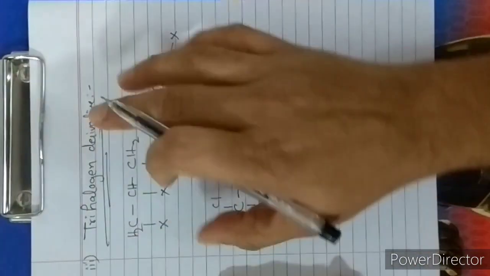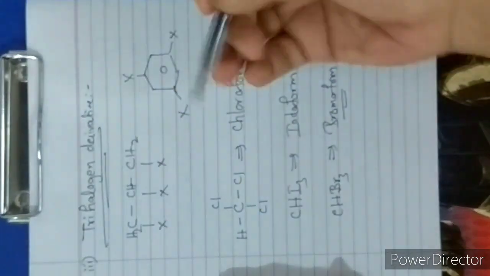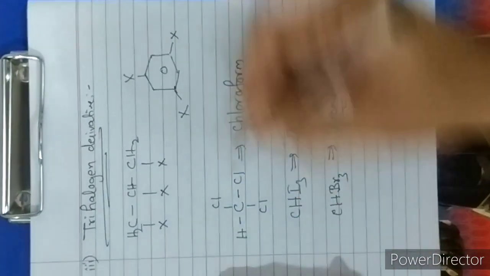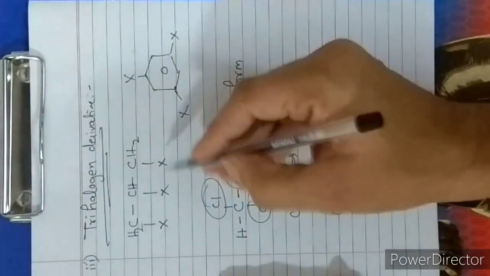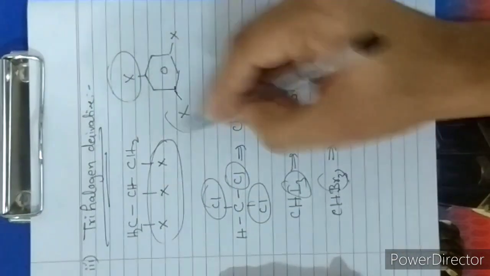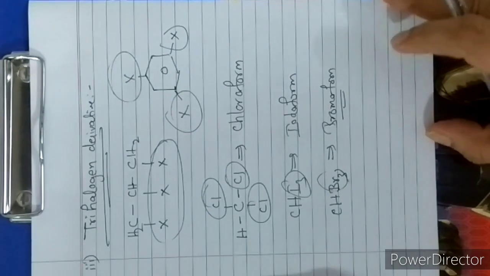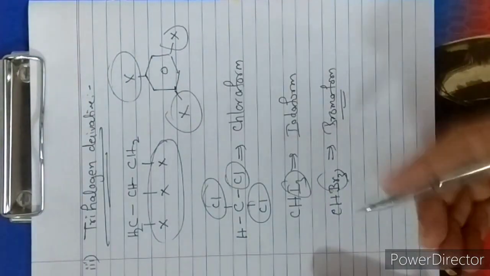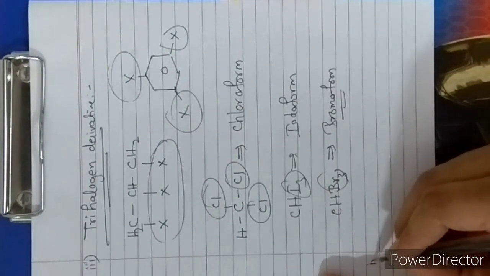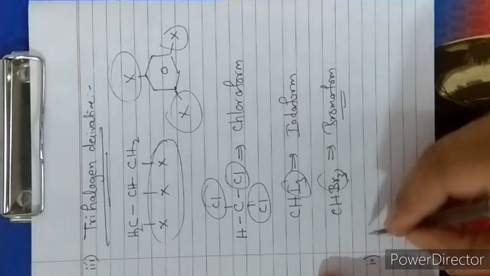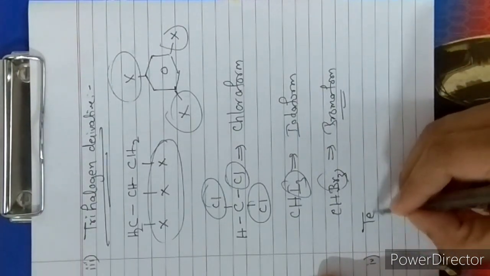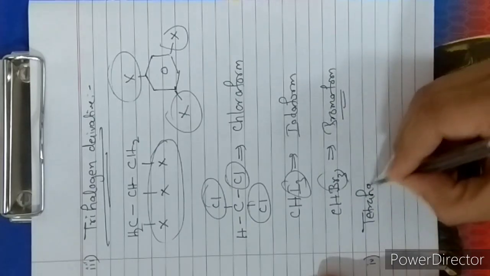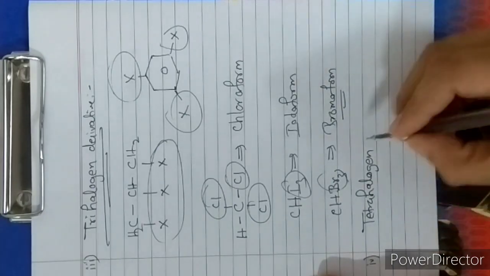Right? This is again a trihalogen. Why trihalogen? Because in the compound 3 halogens are present. Okay. Now, next one is, there can be one more, tetrahalogen.